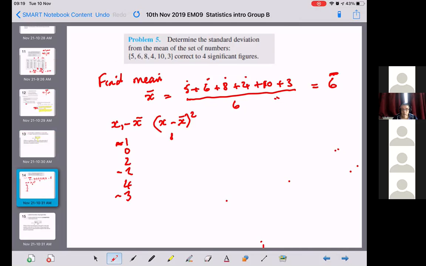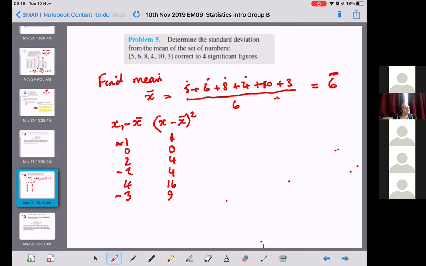So -1 squared is 1. That one has to be 0. 2 squared is 4. -2 squared is 4. 4 squared is 16. And -3 squared is 9.